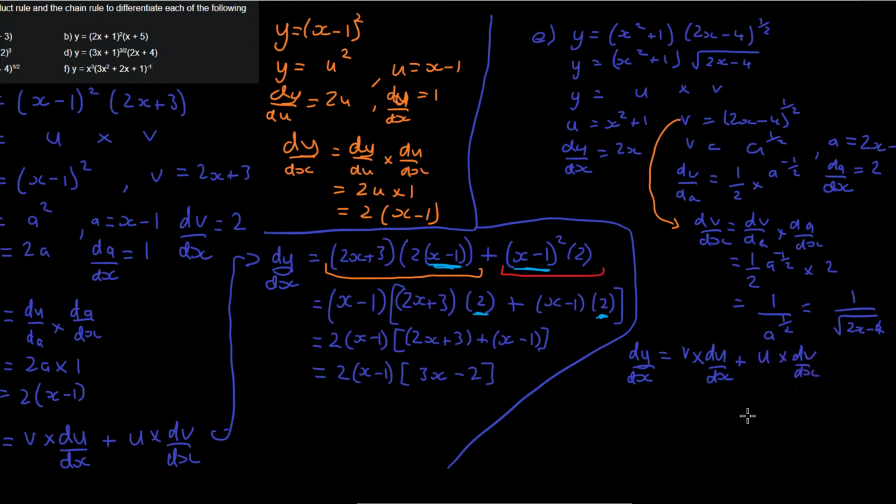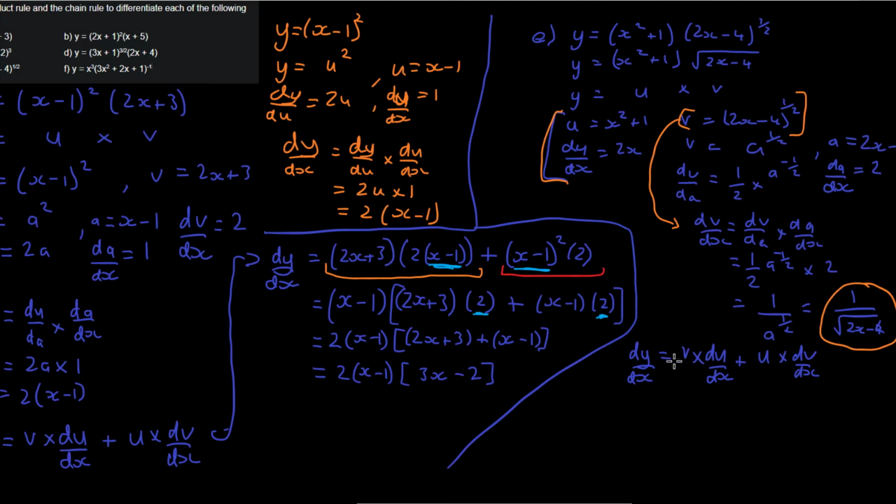Now, we've got a lot of things happening up here. Maybe I'll just highlight some of them. So we've got u and du dx up here. I've got dv dx just here. And my v is just up here. Alrighty, that'll help me keep track of everything.